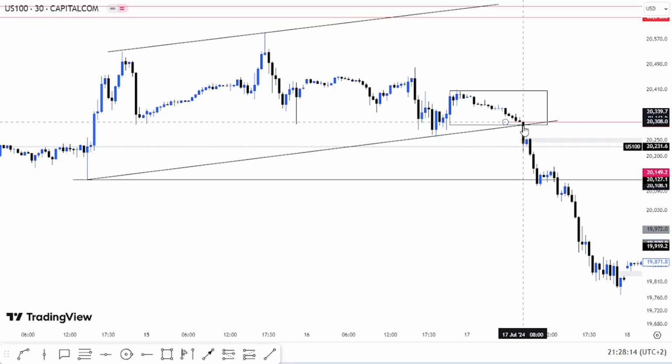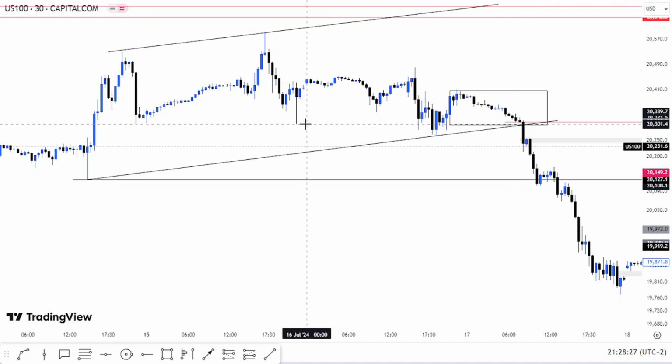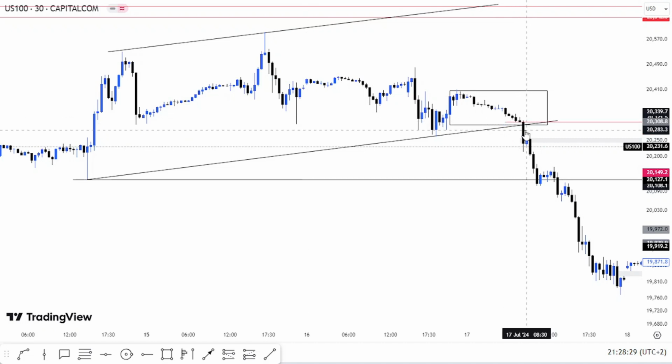And then all of a sudden we had this bearish candle here. This sell right here came. What did this sell do? It broke a range. It broke a trend line. This sell right here is the one that decided that we are actually going to the downside instead of going to the upside.